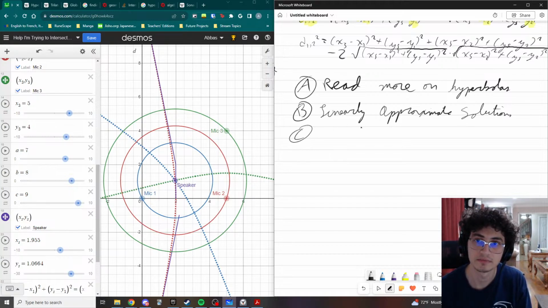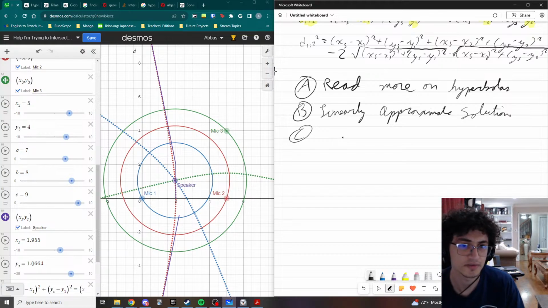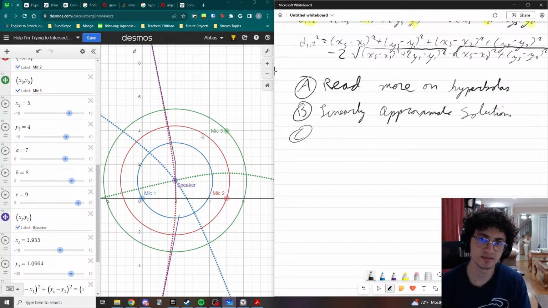C. What is C? Is there a C? I don't know if there's a C, to be honest. Read more on hyperbolas, linearly approximate our solutions, or C, move on.